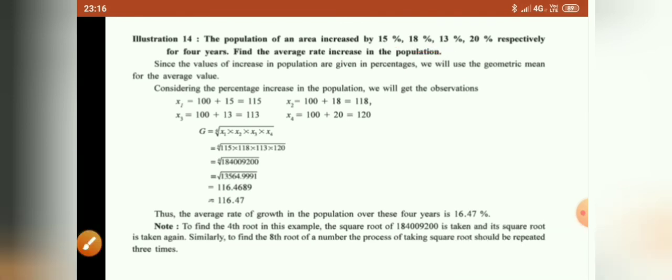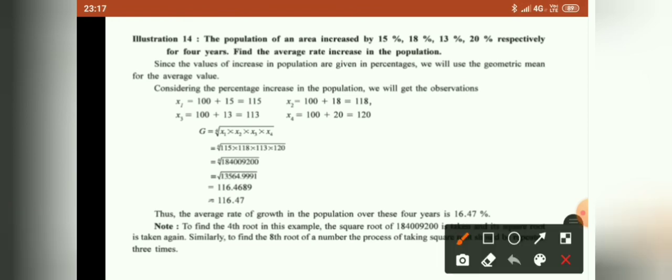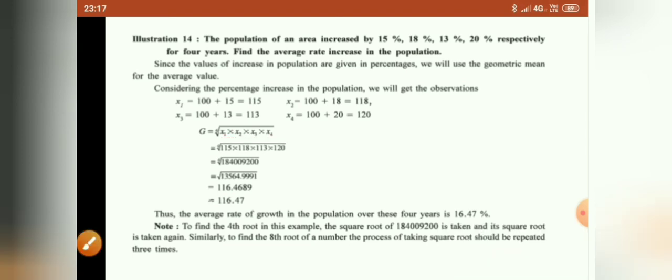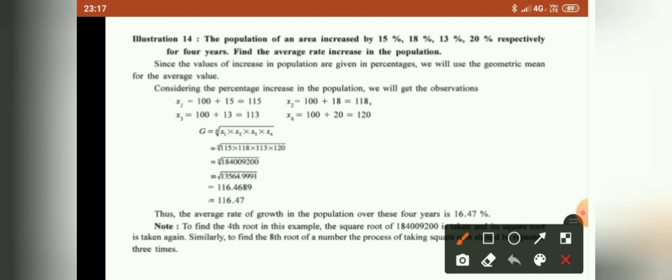We will add them to 100 and then take the observations, because in geometric mean the formula is x1, x2 and x3, so we cannot take the percentage. Respectively for 4 years is given. So we have 100 plus 15, that is 115, 100 plus 18, that is 118, 100 plus 13, that is 113, and 100 plus 20, that is 120.